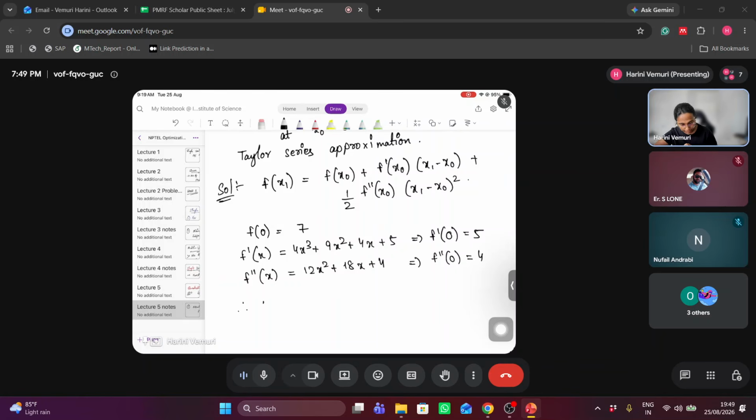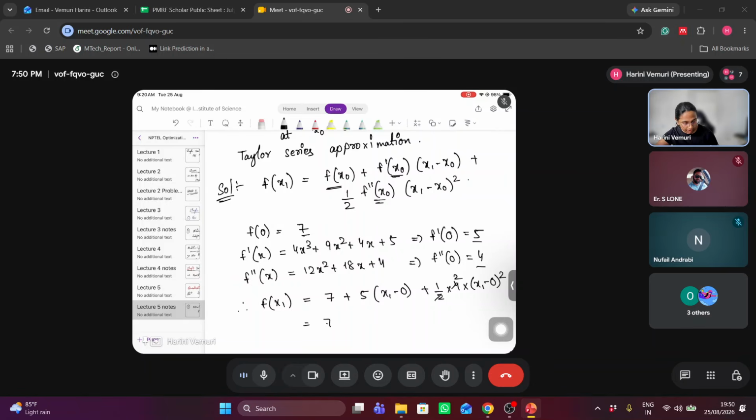Therefore, the quadratic approximation of the function will be f of x1 equal to 7 plus, I'm just substituting these values which we got from here, 7 plus 5 into x1 minus 0 plus 1 by 2 into 4 into x1 minus 0 whole square.